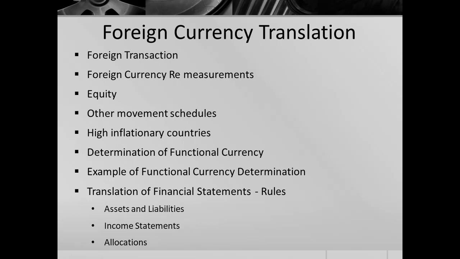So the next one is determination of functional currency. How is the functional currency determined? The financial results and financial position of the company should be measured using its functional currency, which is the currency the company uses in the majority of its business transactions. If a foreign business entity operates primarily within one country and is not dependent upon the parent company, its functional currency is the currency of the country in which its operations are located.